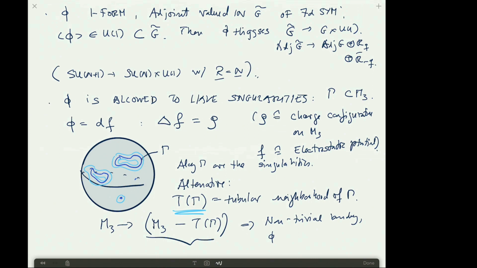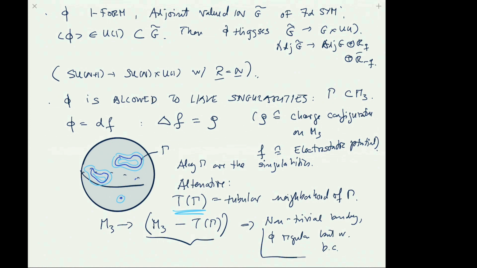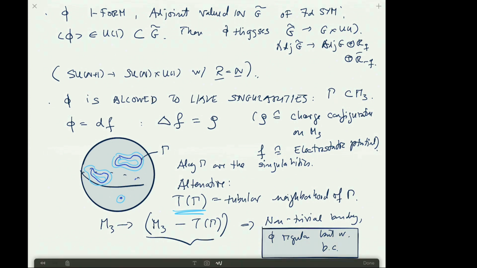And we can now have phi regular, but with boundary conditions along this complement of T gamma in this boundary. Okay, so this is actually the setup we'll study. Phi is regular. We've taken out the tubular neighborhood from this charge configuration, and we now have to impose suitable boundary conditions along the boundary of this new space, M3.